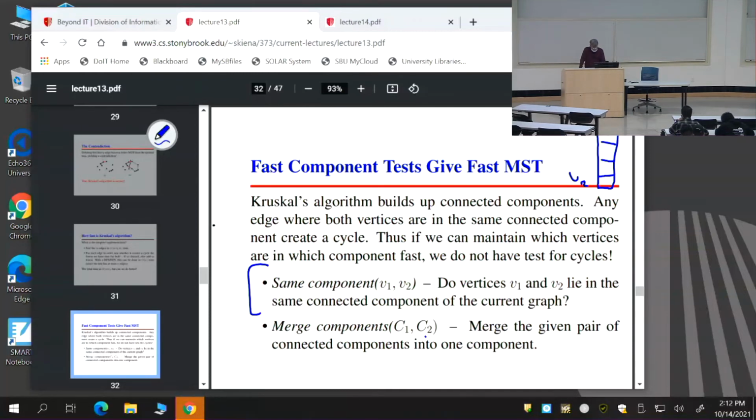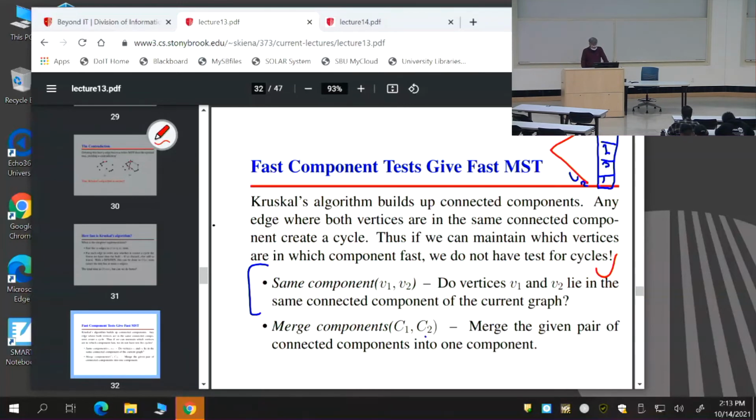If this is in component 1, 2, 2, 3, 1, if I want to know, is this vertex in the same component as that one? All I've got to do is compare. If I have an array C with the component number, how much time will it take to tell whether they're in the same component? Constant time, that's great.